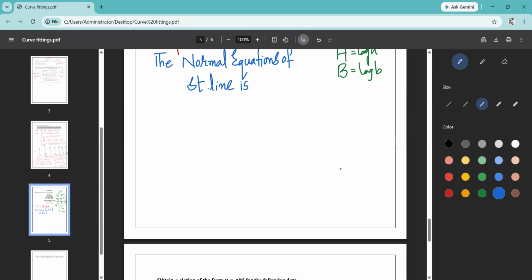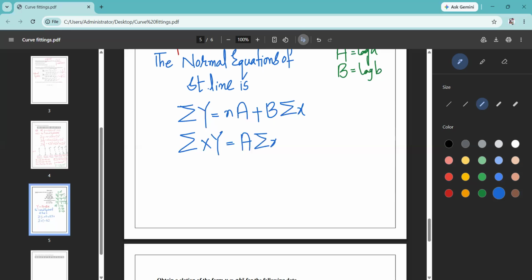So it is like that: summation capital Y is equal to NA plus capital B into summation X. Summation XY is equal to A into summation X plus B summation X square.